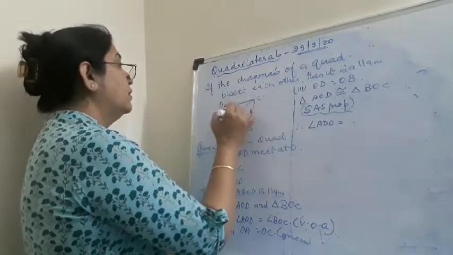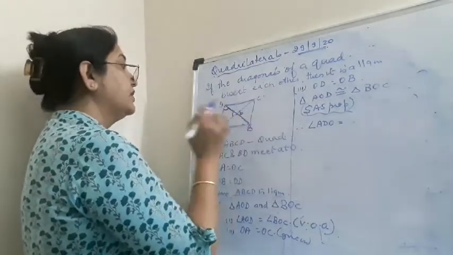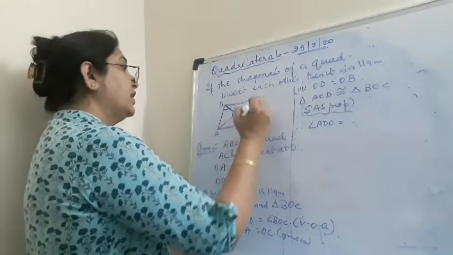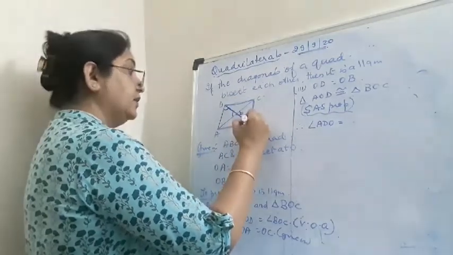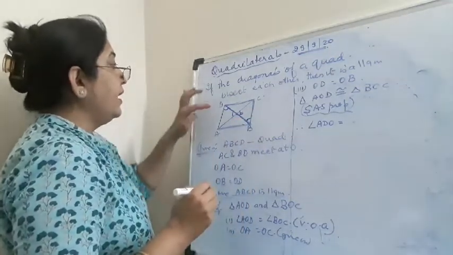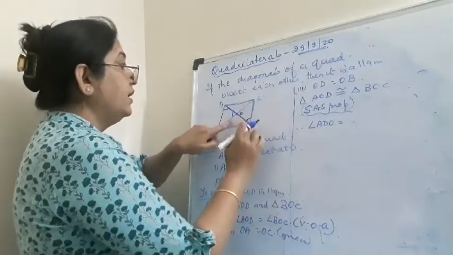This, okay, no, in ADO, yes, correct. And with this angle we have to take this one. Okay, so I will write ADO is equal to CBO.